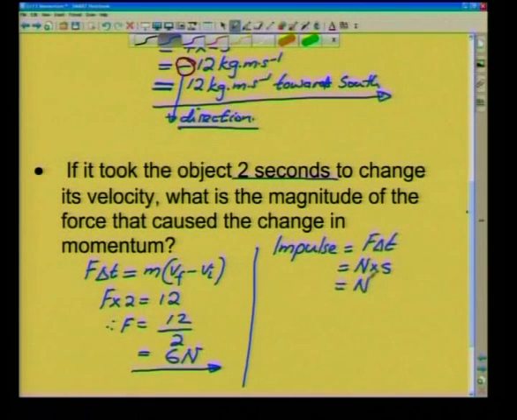So the unit of impulse is newton second. That we should be aware of from that particular formula for impulse as well. Right, so newton second is the unit of impulse.